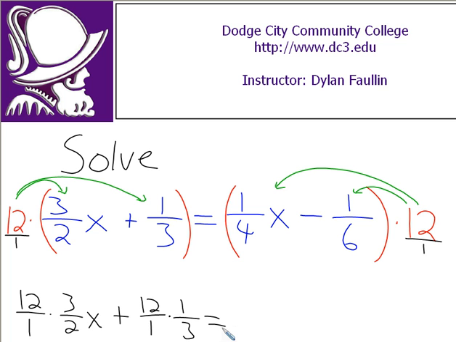On the right-hand side, we will have 12 over 1 being multiplied to 1/4 x, and 12 over 1 being multiplied to the 1/6. Right, so the 12 over 1 gets multiplied to all four terms, both on the left and the right-hand side.